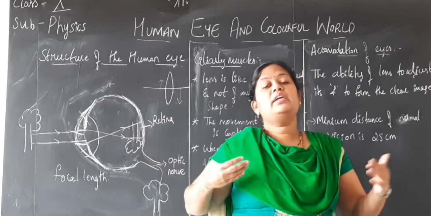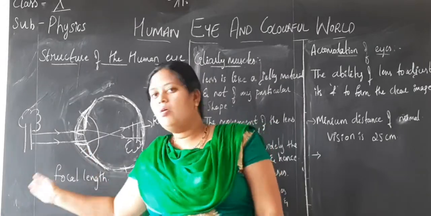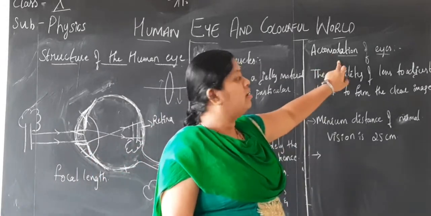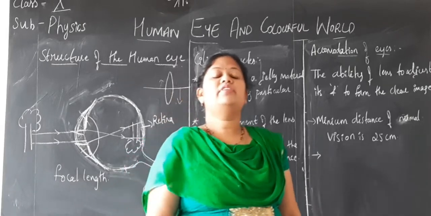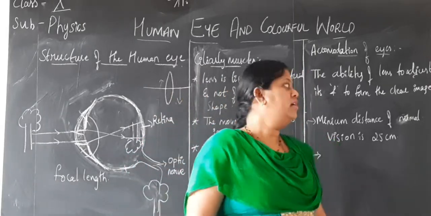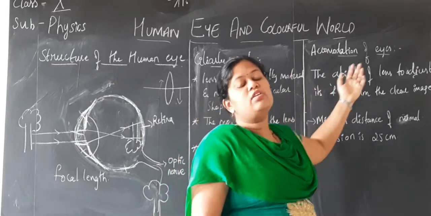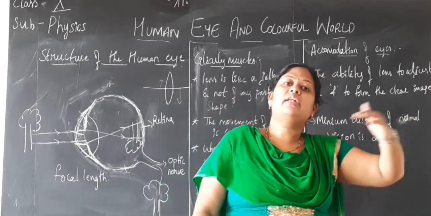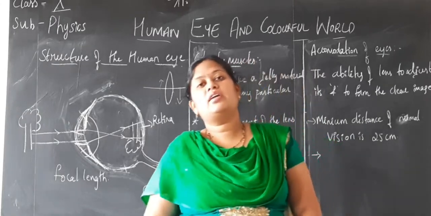So this automatic adjustment of the focal length of the lens is done on its own, and that process is called the accommodation of the eye. This is also a very important definition which is repeatedly asked, children. So what is accommodation of the eye? The ability of the lens to adjust its focal length based on the situation or the condition is called accommodation.